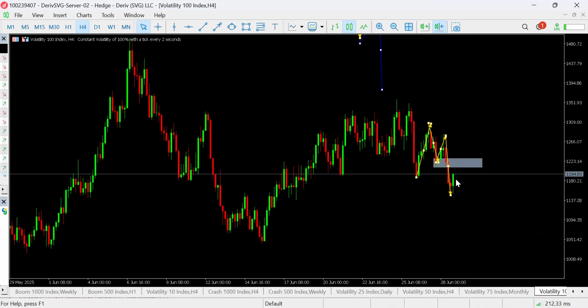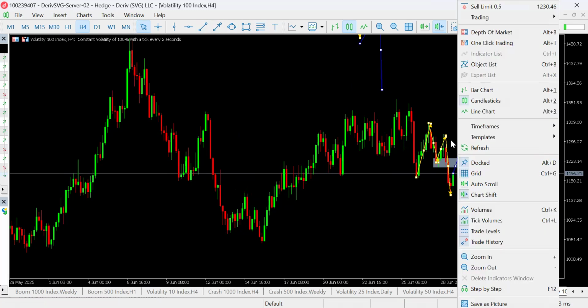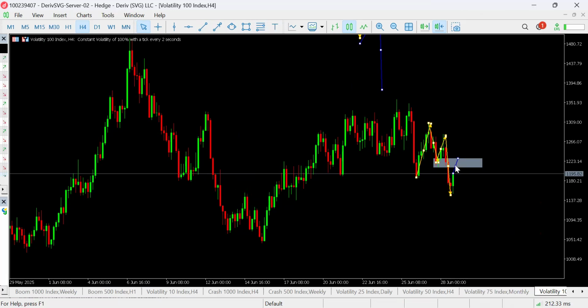Once you can already see that the price is retracing, and once the price gets back into this zone, all we need to do is scale to the lower time frame and look for our entry. Like I've stated severally, your entries in the lower time frame could be as a result of a candlestick pattern, it could be as a result of a chart pattern, and then you take your sell trade.